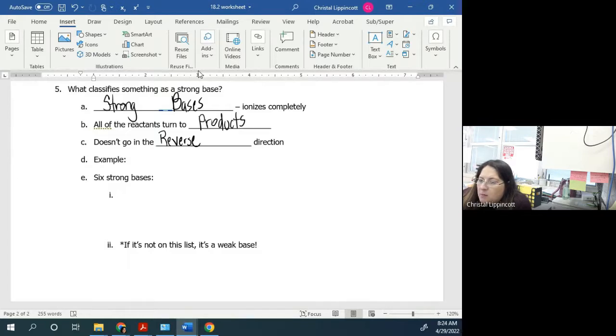So if we look at the example here, NaOH is a strong base. If we put that in with water, we are going to form Na+ and OH-. So this is all going to come apart in the water.